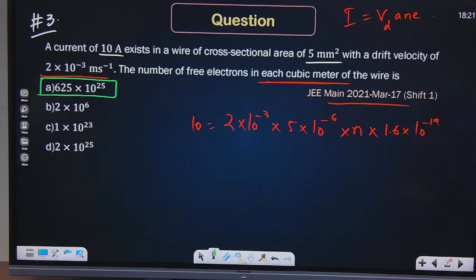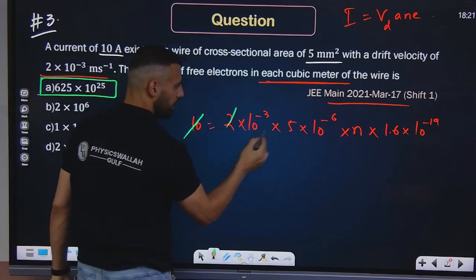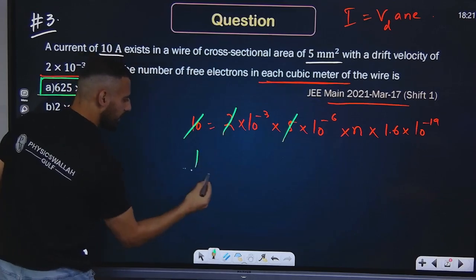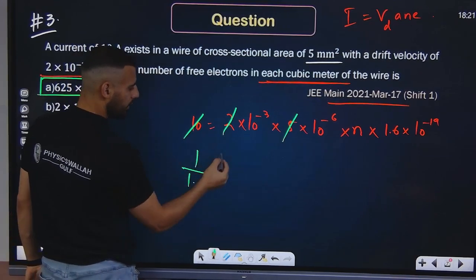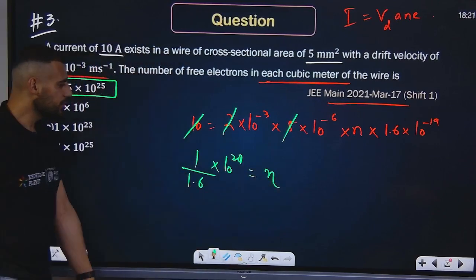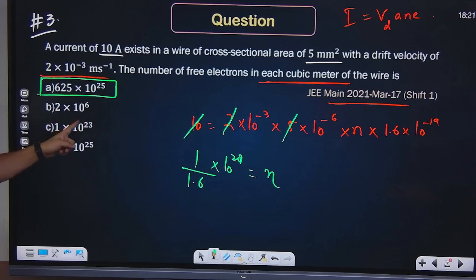What's 16? It's easy. See, 10, 2 and 5, all you have to do is 1 divided by 1.6, and then it is 10 to the power 28 here. That is n. So basically 6 cannot be there, and 25 is not.